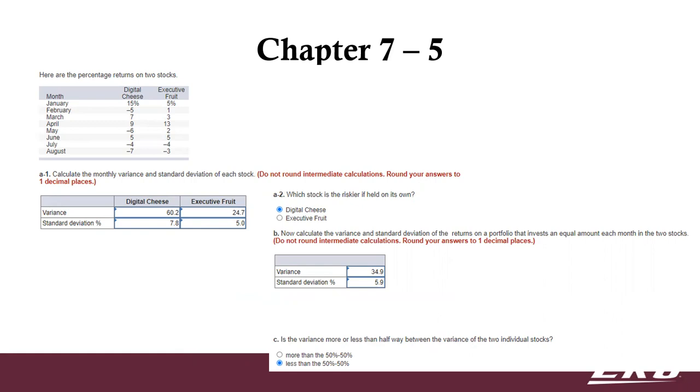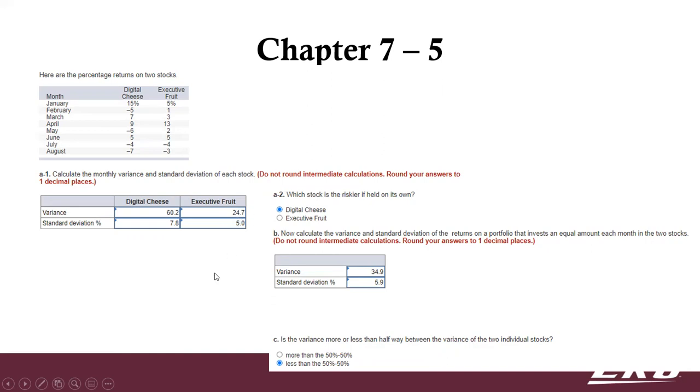And then with this, now remember, variance is the standard deviation squared, right? So before, when we were solving for standard deviation, we solved for the variance first and then took the square root of that to get our standard deviation. And so that's what all of these are. I know it should be 25 and 5.